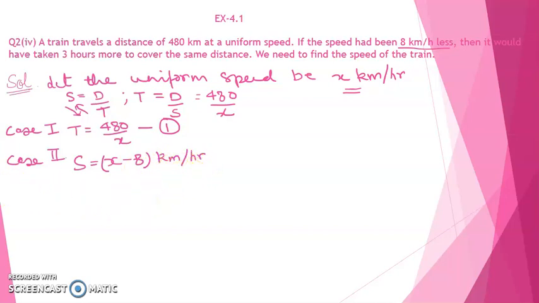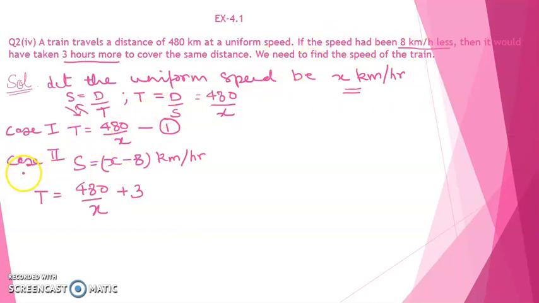Follow, students? Okay, now time. See, this was the time, so I am writing here time 480 upon x. Okay, but see, it is saying then it would have taken 3 hours more. So the time was this 480 upon x. So we will add plus 3 to this. Are you following? See again, it is saying case 2.